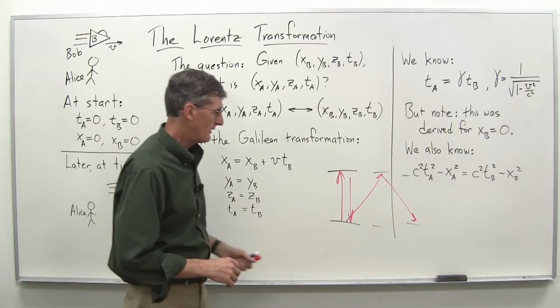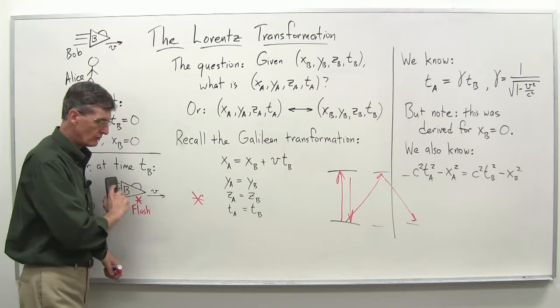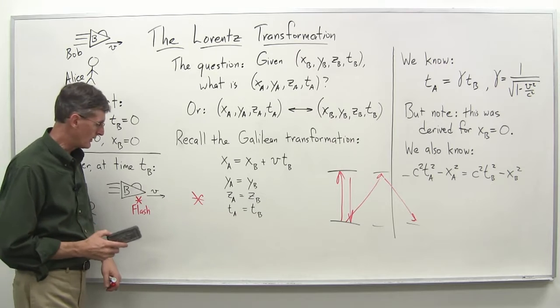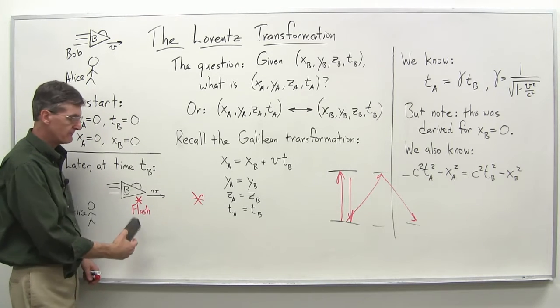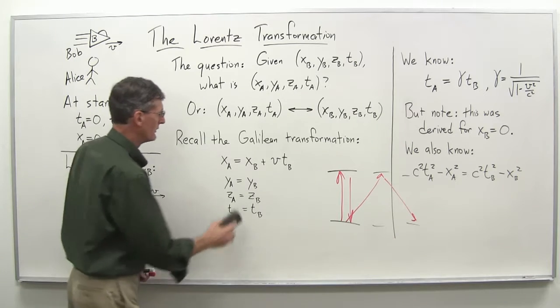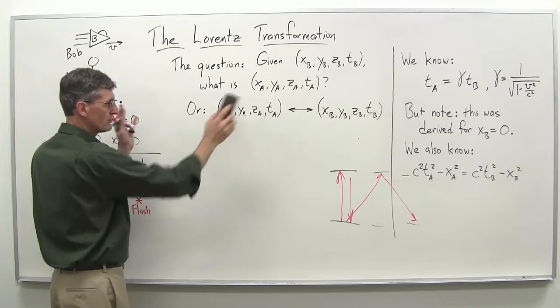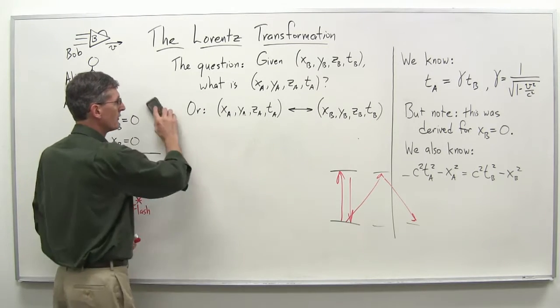In a couple of minutes we'll get to the flash of light at a general location, but let's do the flash of light first at Bob's location. That's our goal: to be able to transform back and forth.